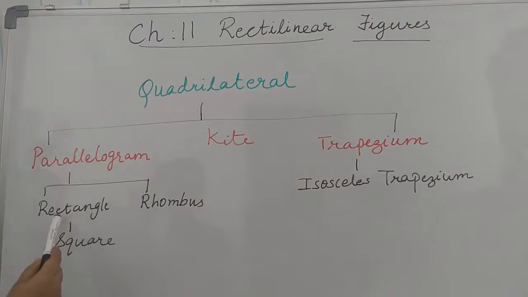In a parallelogram there are some other types, such as rectangle and rhombus. In a rectangle, opposite sides are parallel and all angles are 90 degrees. In a rhombus, all sides are equal. And a square is one type of rectangle whose all sides are equal and all angles are also equal, 90 degrees.